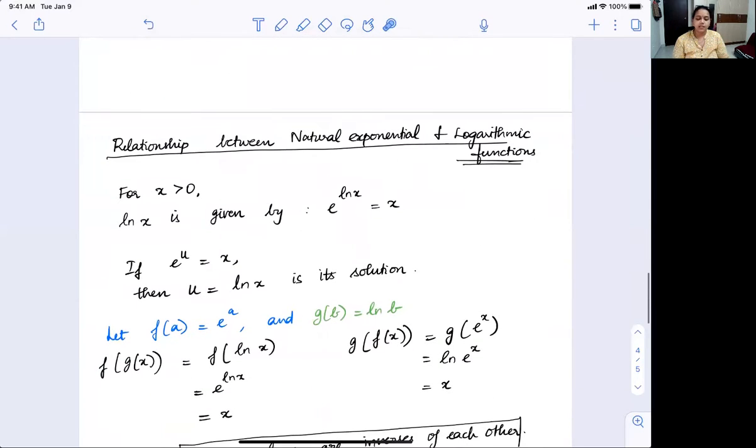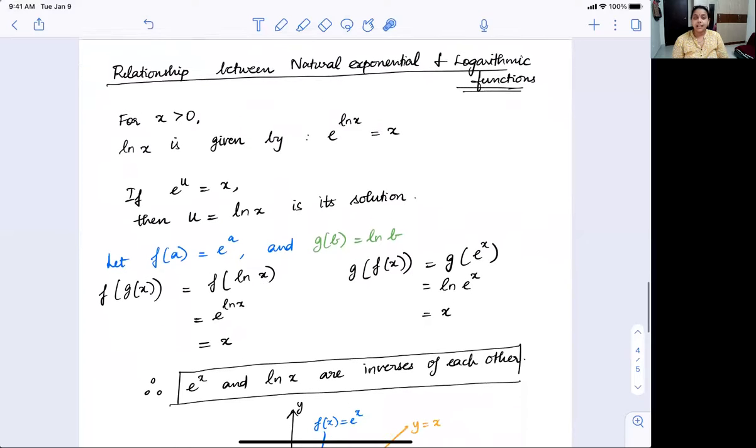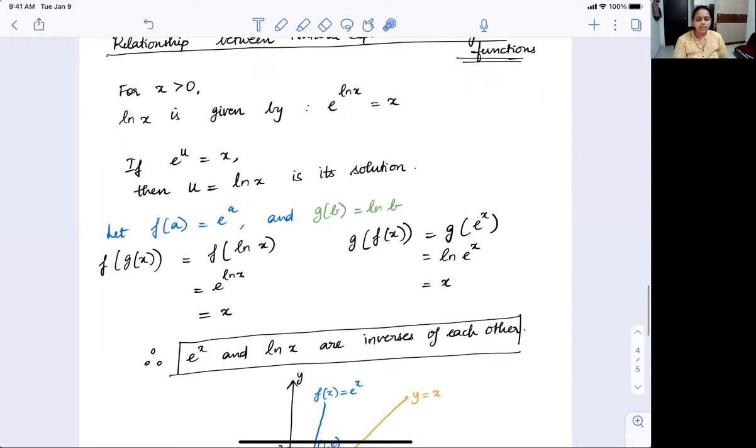Using this principle, let's see how the exponential and log functions are very closely connected. I'm just rewriting a few properties of the exponential and log functions. We saw in the last video how e power ln x is equal to x, and when e power u is x, u is given by ln x.